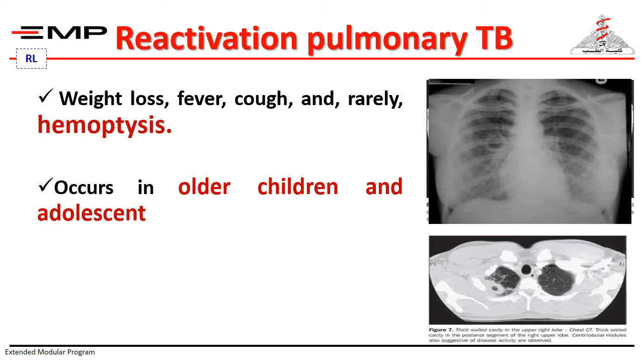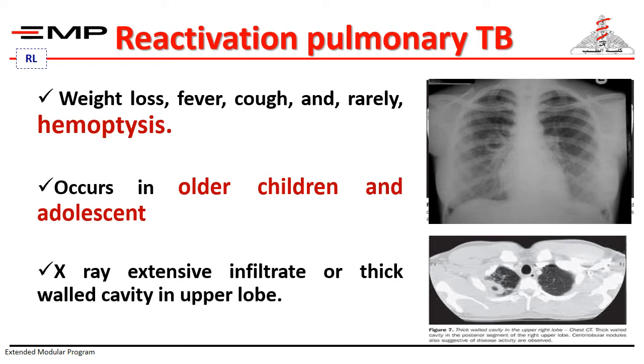They had primary TB disease in infancy, and when their immunity is lowered, they have reactivation of the disease, so they have this cavitary lesion that can cause productive cough and hemoptysis. X-ray or CT is diagnostic in such a condition. We'll see extensive infiltrate or a thick-walled cavity, especially in the upper lobe.